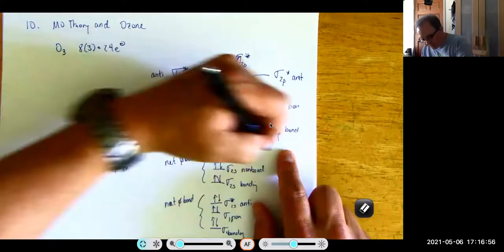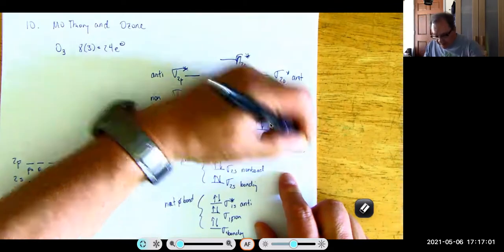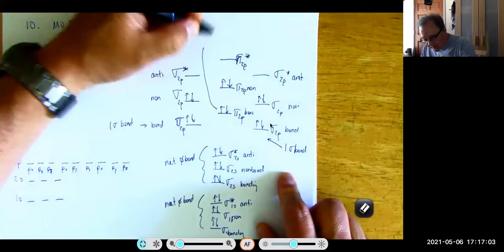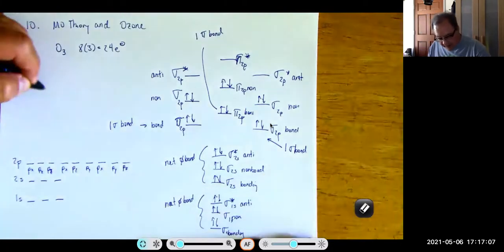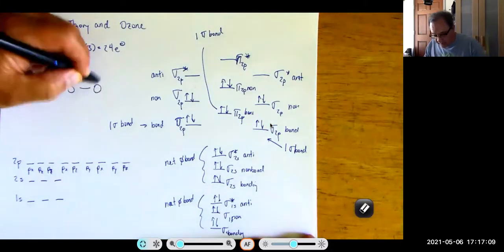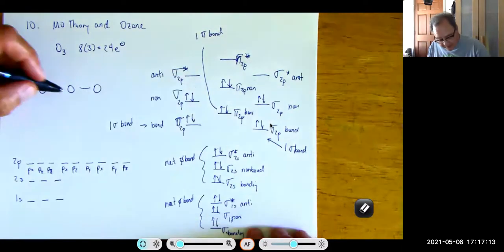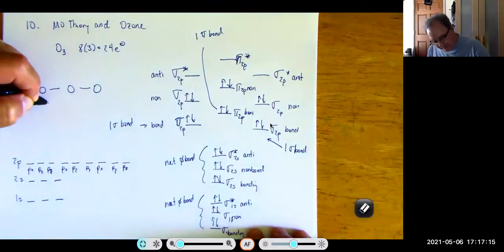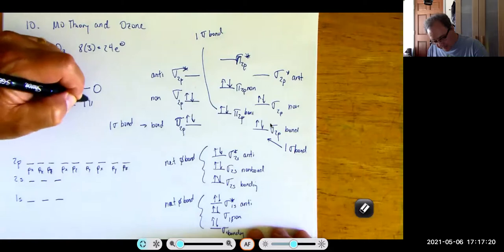And this also represents 1 sigma bond. And this represents 1 pi bond. So between these 3 atoms, and here these represent no bonds. So between these 3 atoms, you have a net of 2 sigma bonds and 1 pi bond.